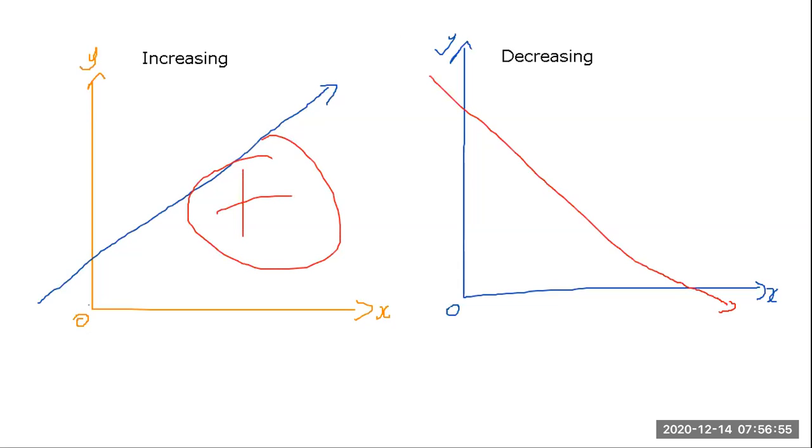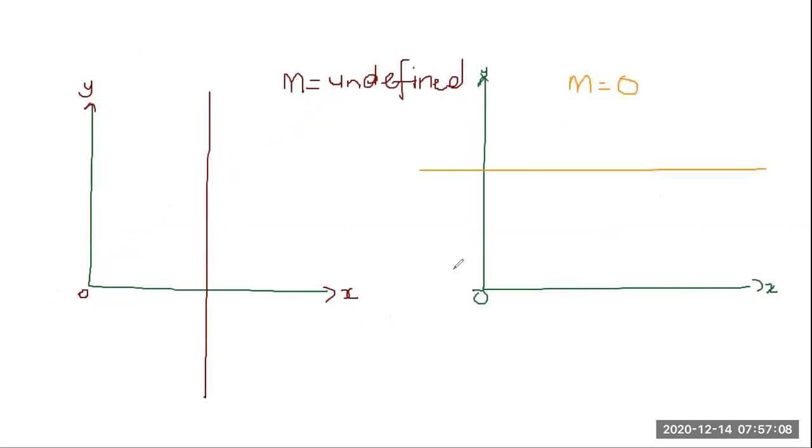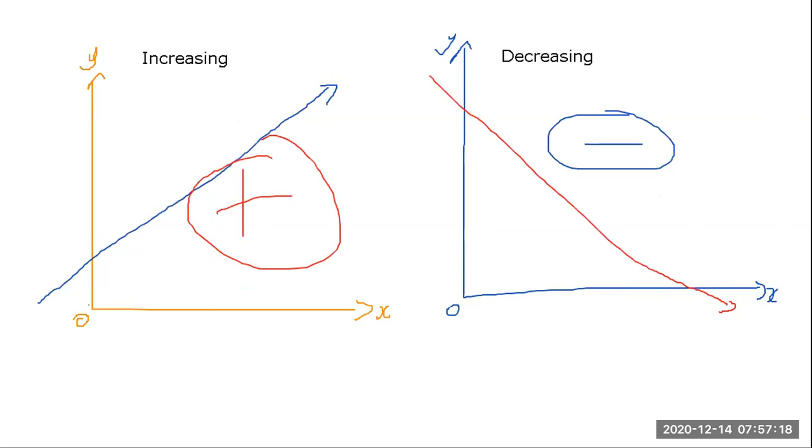If it's going left to right but going down, that makes it a negative graph, so it's decreasing. And if we look at the two other slopes, if it's vertical, it's undefined. If it's horizontal, the slope is 0. Those are 4 different things we want to look at whenever we're identifying graphs.